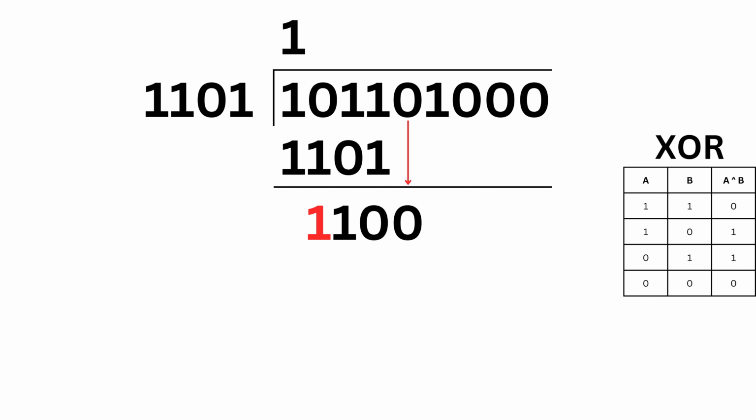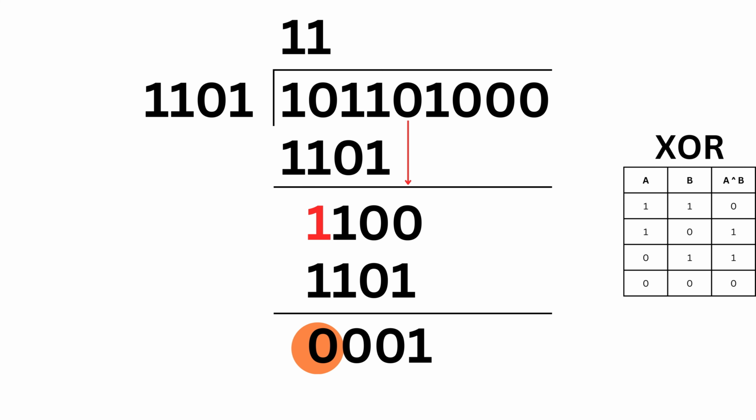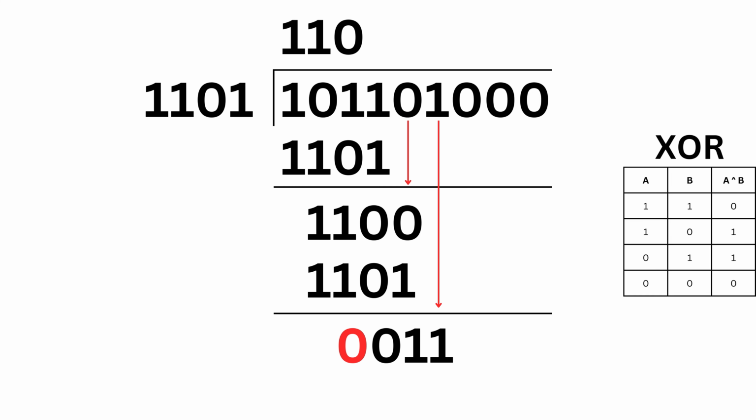Here the first digit is 1 again. So we shall multiply the divisor by 1 and do the XOR operation just like this. Once that is done, we will bring down the next bit for the next XOR operation. Here our first digit is 0. So we shall multiply the divisor with 0 and do the XOR operation.